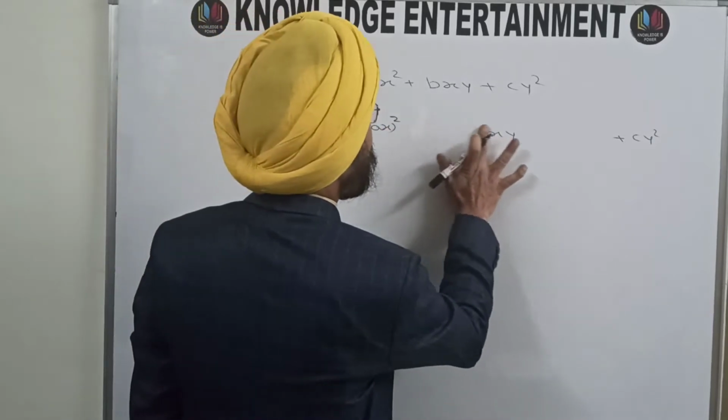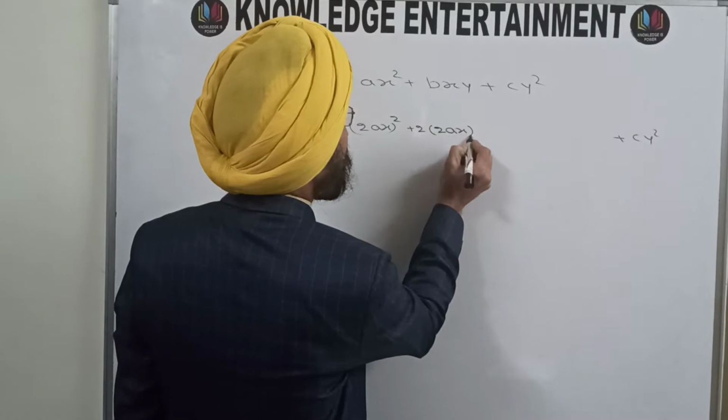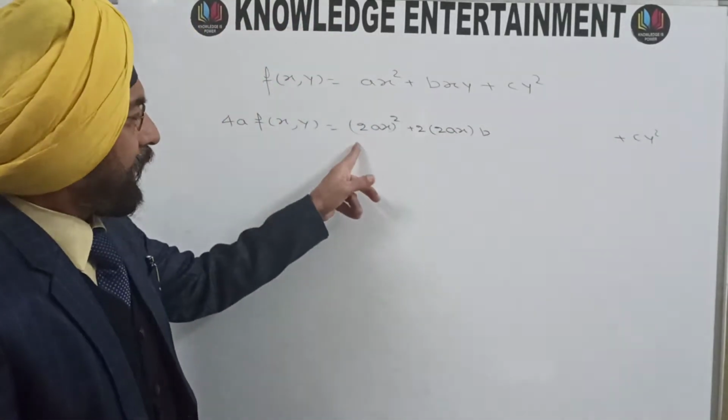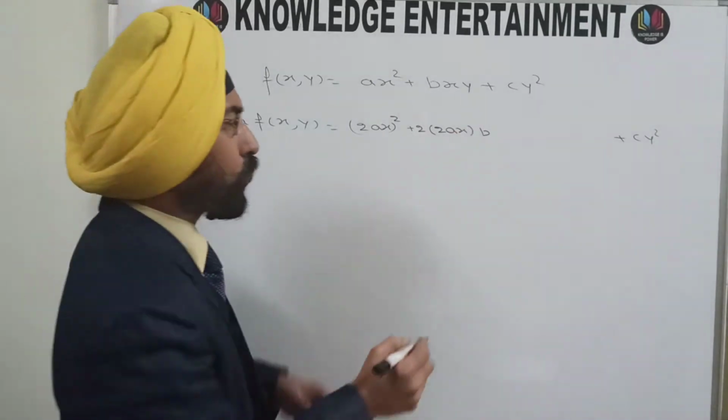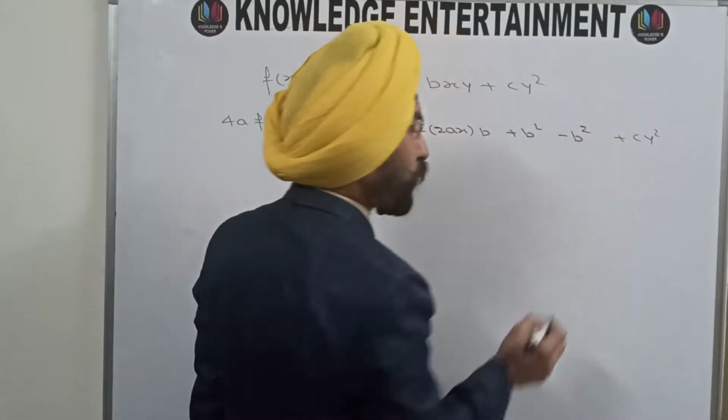The second term can be written as 2 times 2ax into b. Now, to make it a perfect square, you need b square, so minus b square will have to be there.